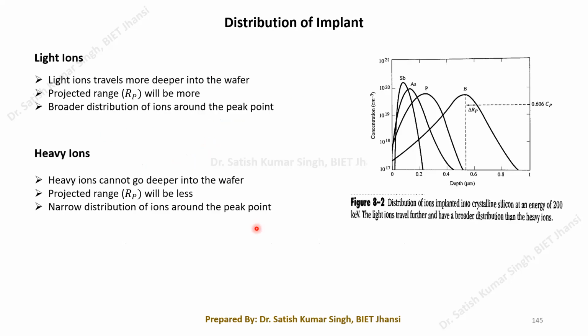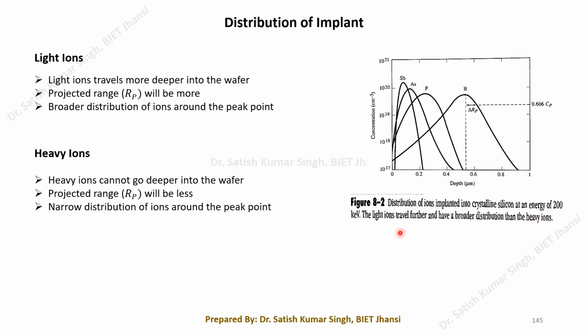Now one more thing that we can see here is the distribution of the implant, meaning our dopant material, and how it is going to be distributed. Here on the x-axis we have the depth up to which our dopant has traveled. This shows the distribution of ions implanted into crystalline silicon at an energy of 200 kilo electron volt.